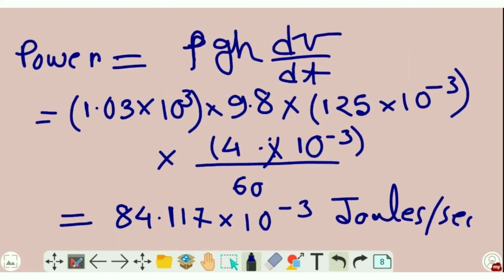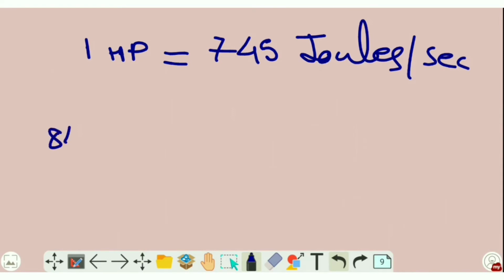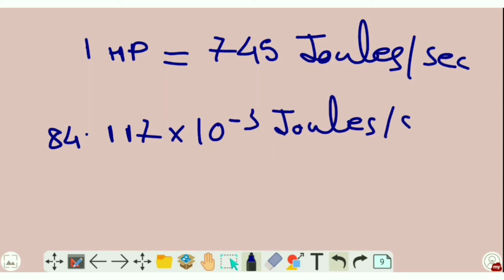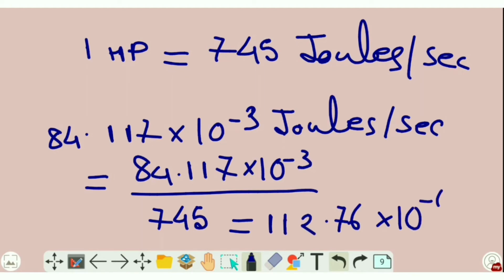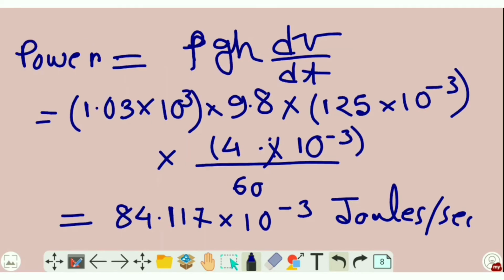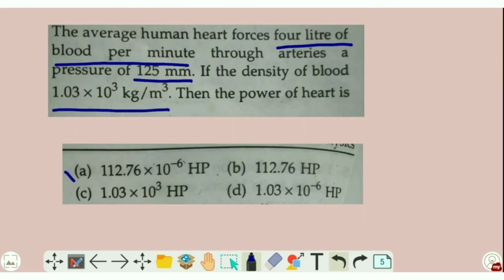So we have 8.117 into 10 to the power minus 3 joules per second divided by 745. That means it becomes 112.76 into 10 to the power minus 6 horsepower. So option A is correct.